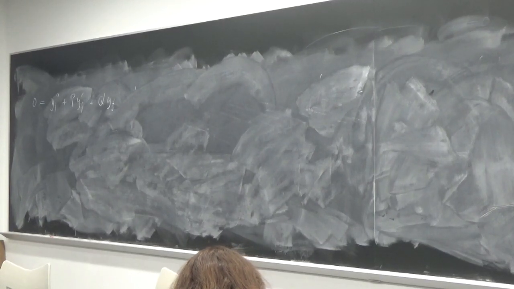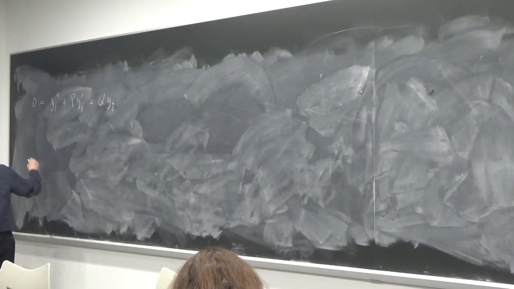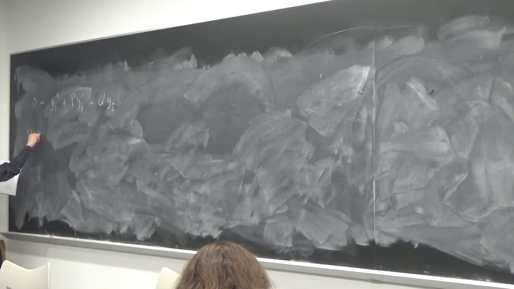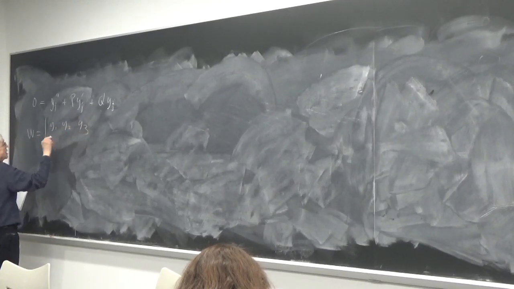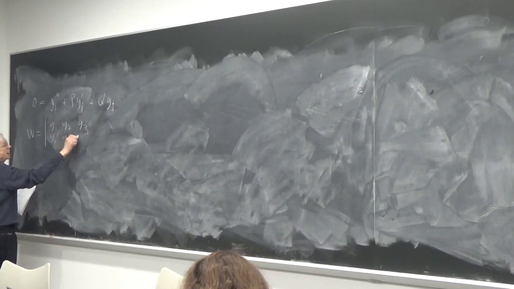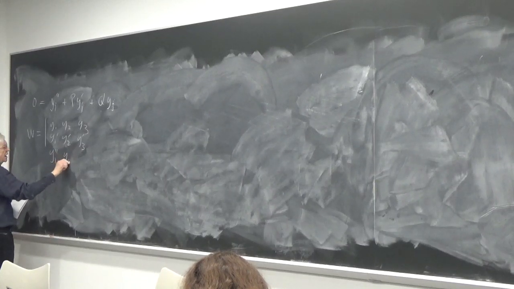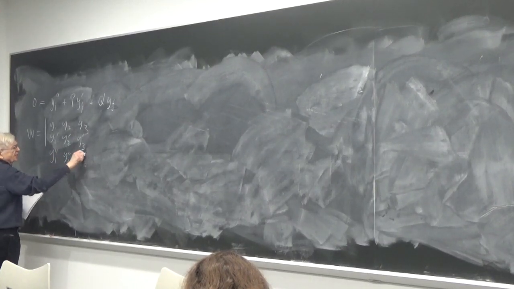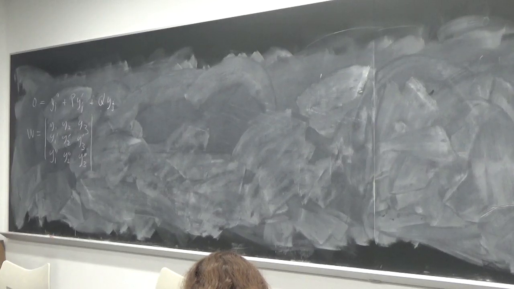And suppose they were linearly independent. In that case, we could say that the Wronskian, which is the determinant, would not vanish if these were three linearly independent solutions.